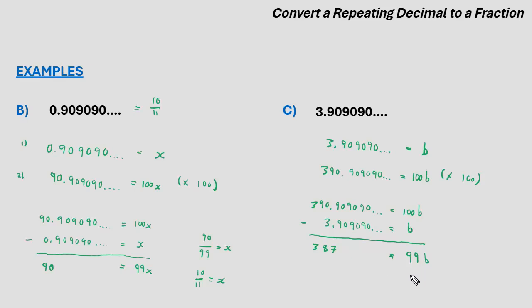So we are to solve for b now, and if we divide both sides by 99, 387 over 99 equals b, and this can actually be simplified a bit more to the fraction 43 over 11. So for this repeating decimal, converting it to fraction form gives the fraction 43 over 11.